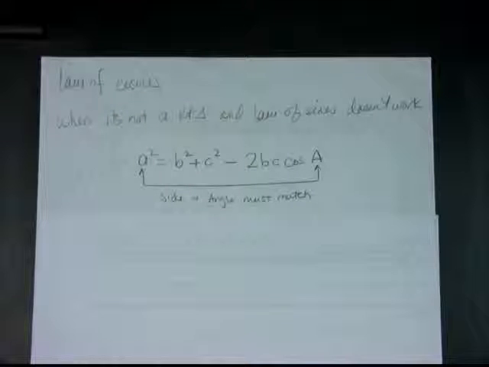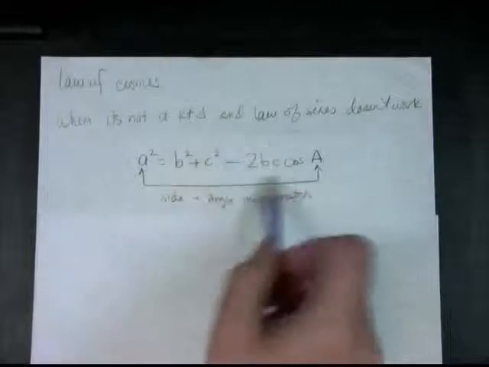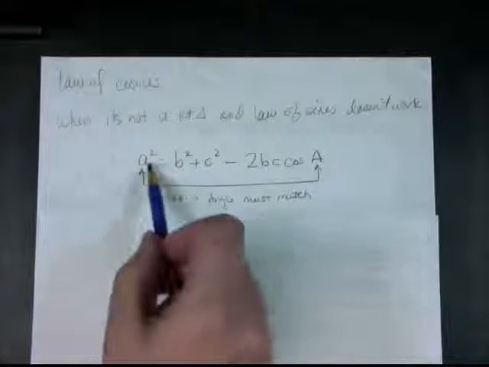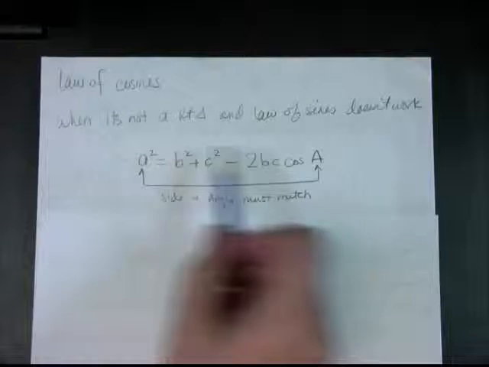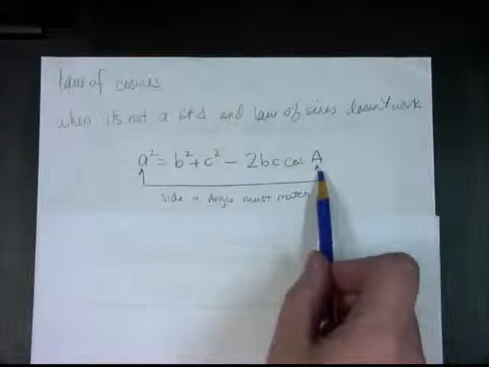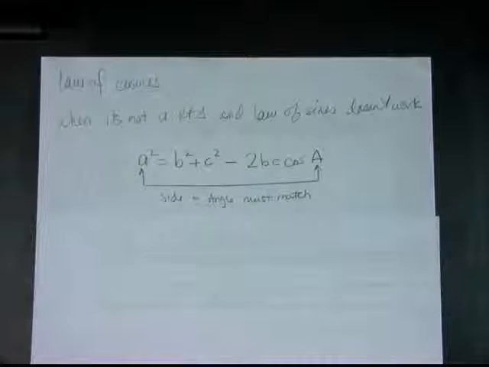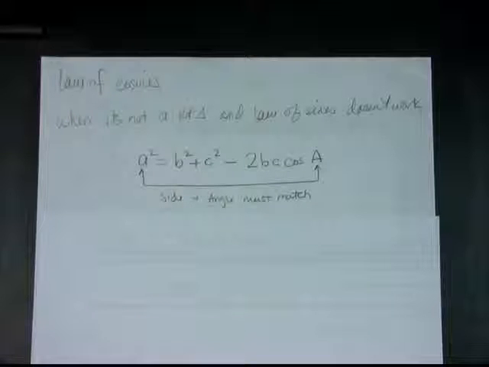The other two sides are on the inside. These inside sides' angles are not used at all. This side, whatever we're trying to solve for, has to match this angle. So if this was b squared out here, then this has to be cosine of b. Or if it was side c that I'm solving for, I'd have angle c.